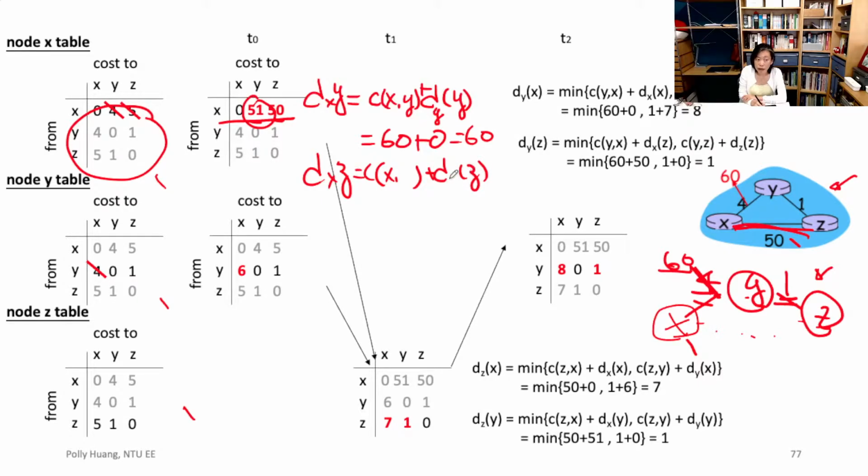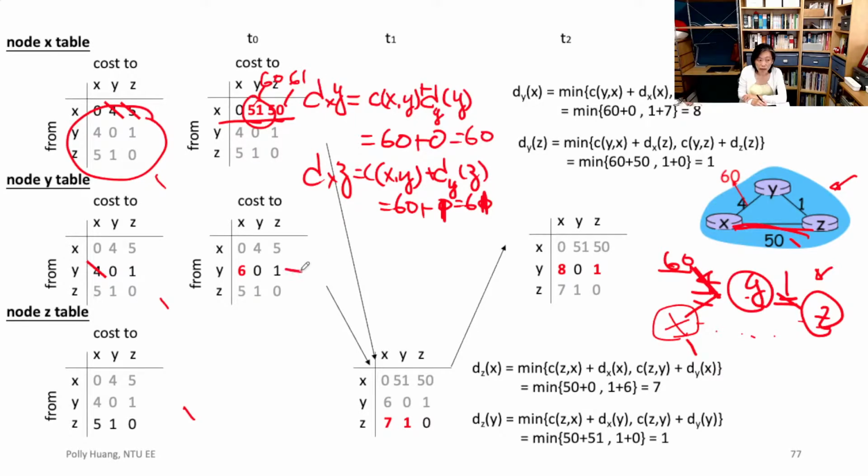Well, x has only one neighbor once again, so this is 60, and y to z is 1, so 61. Okay, very good. So this should end up being 60 and this should end up being 61 in this case.